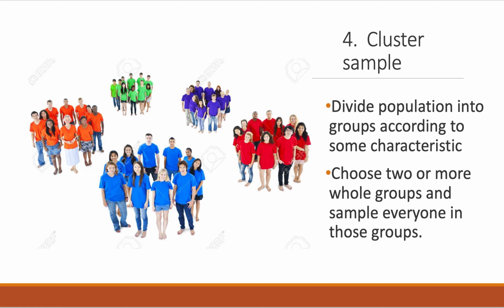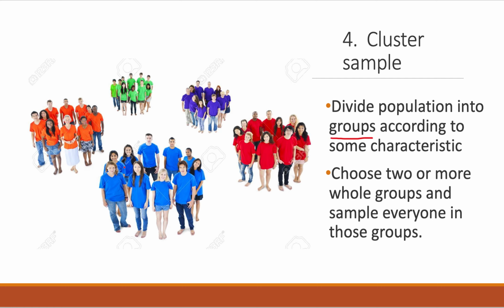All right, our last type is called a cluster sample. A cluster sample starts out the same way in that you take your big population and divide it into smaller groups according to some characteristic. So it looks like this big group of people was divided into groups according to the color of their shirt. We've got the orange group and the blue and the purple and the red and the green.